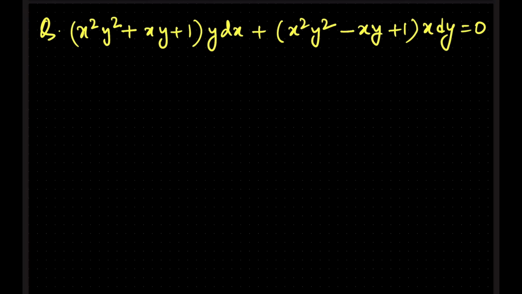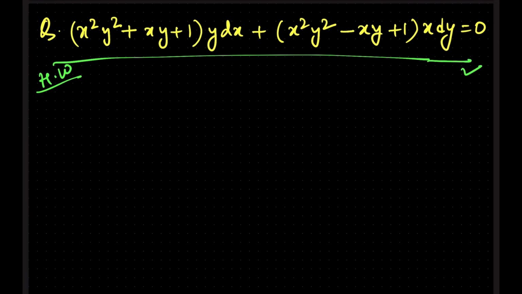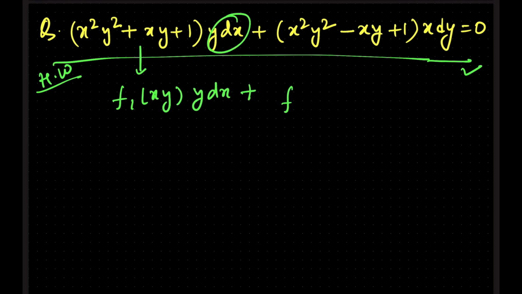Now you can try to solve this question; this is a homework. You can see that this is of the form f1(xy)·y dx + f2(xy)·x dy = 0.